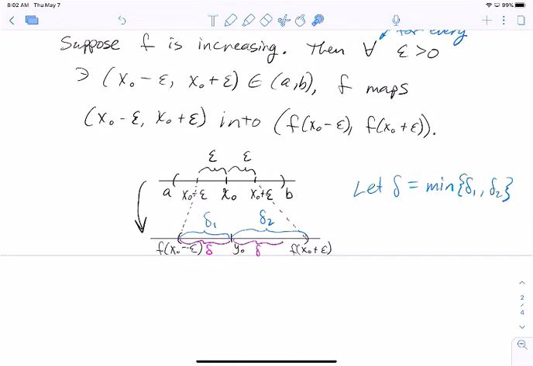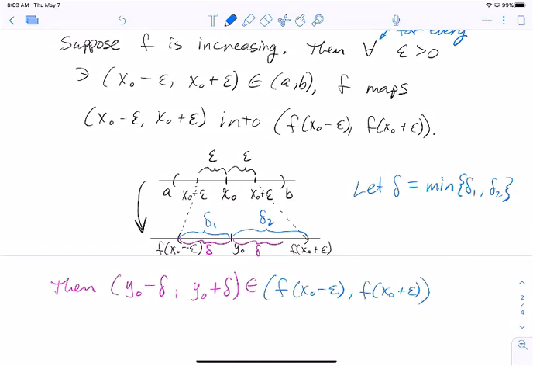By selecting delta to be the smaller of the two, delta 1 and delta 2, we can say that the interval y naught minus delta to y naught plus delta is contained in the interval from f of x naught minus epsilon to f of x naught plus epsilon, the y interval that we started with. Because f is increasing, all of the y values in the bigger interval on the y-axis are mapped from x values within the interval on the x-axis.